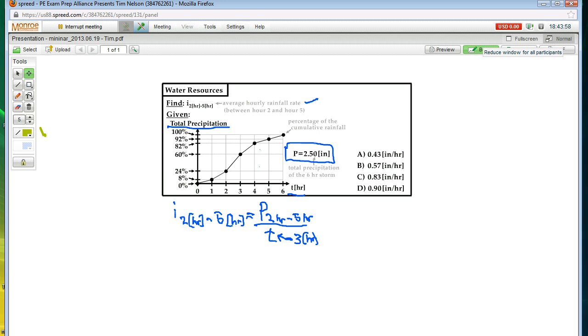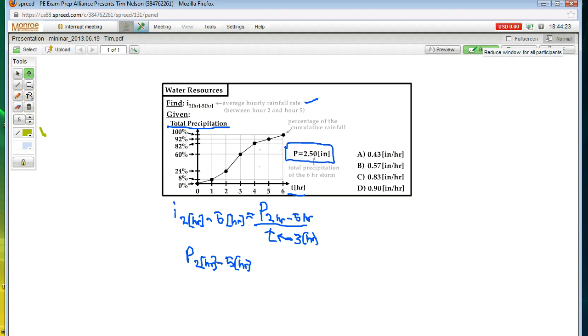And then let me come down below and calculate the precipitation from 2 hours to 5 hours.